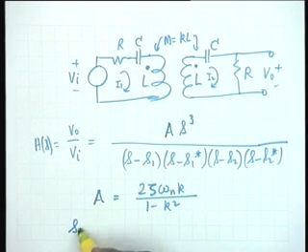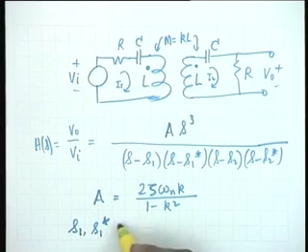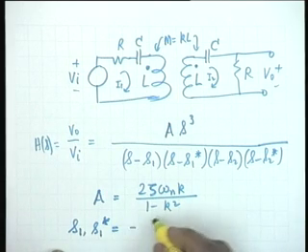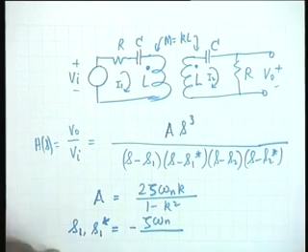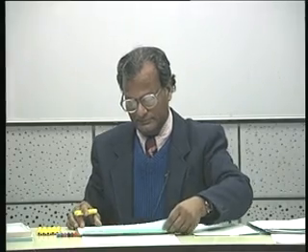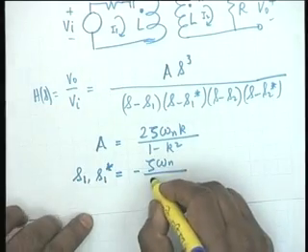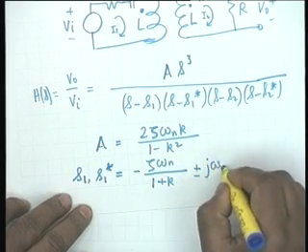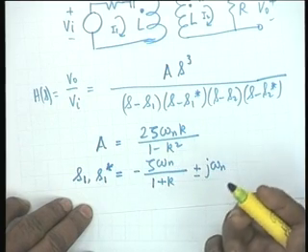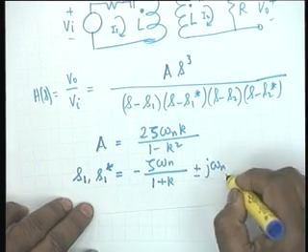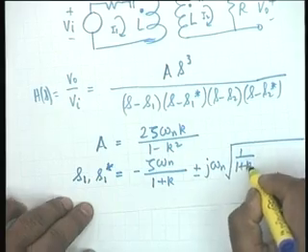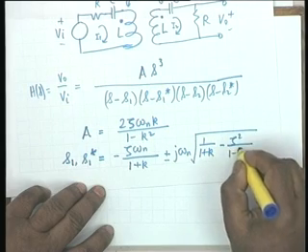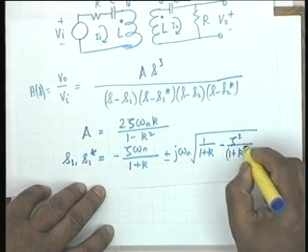and S1, S1 star was equal to minus zeta omega n divided by 1 plus k, plus minus j omega n square root of 1 by 1 plus k minus zeta squared divided by 1 plus k all squared.